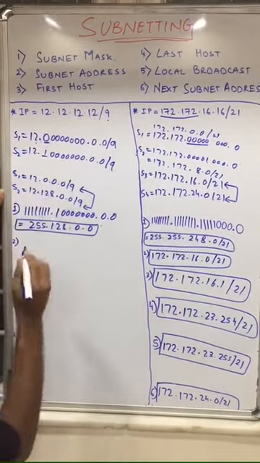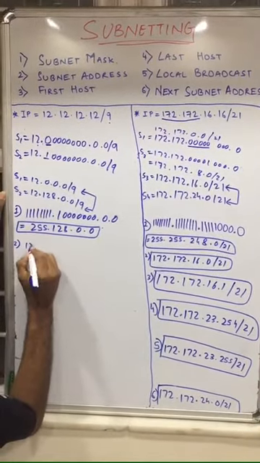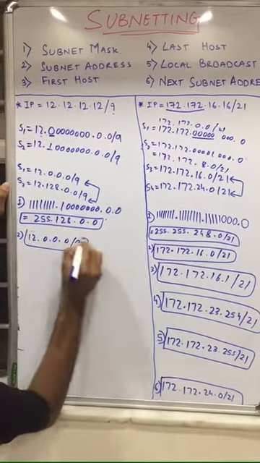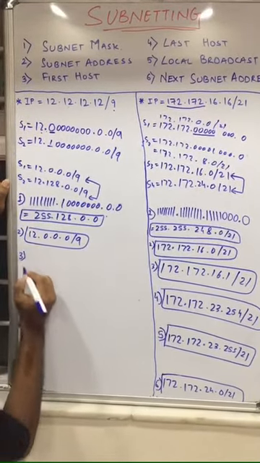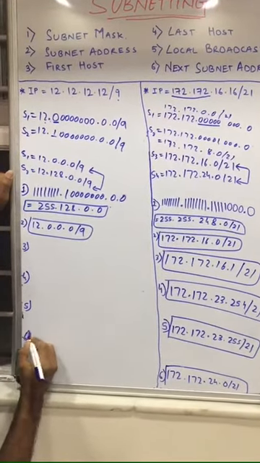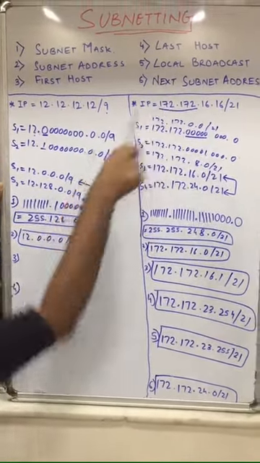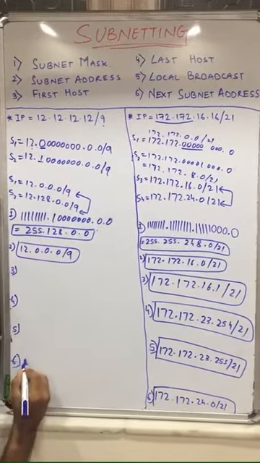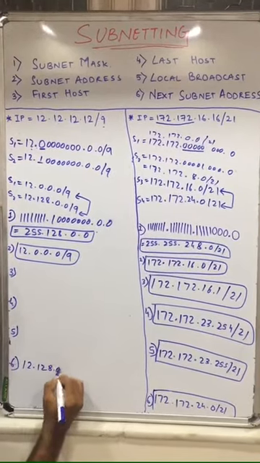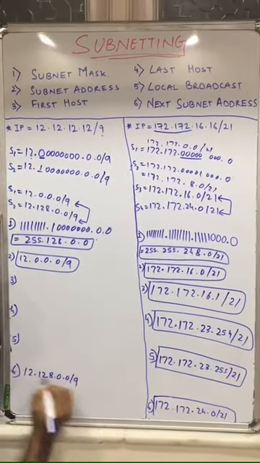The subnet address here is S1, which is equal to 12.0.0.0/9. Now the 6th term, the next subnet address, is our S2, which would be equal to 12.128.0.0/9.